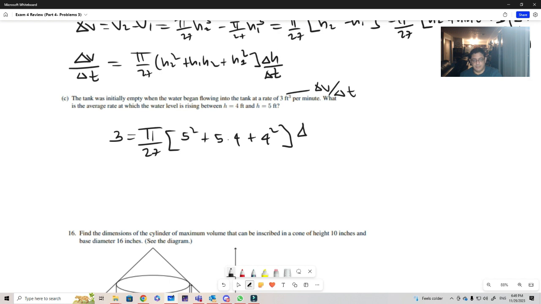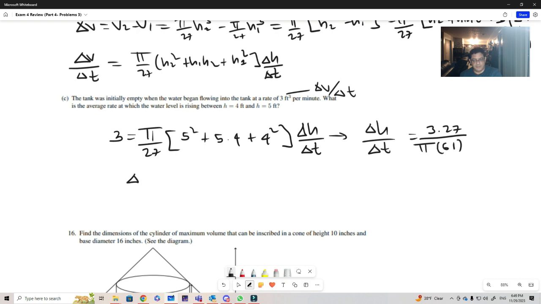And now we don't know what delta h divided by delta t is, but we can find out here. So now dh/dt is just 3 times 27 over pi, over 25 plus 20 plus 16, so this is going to be 61.